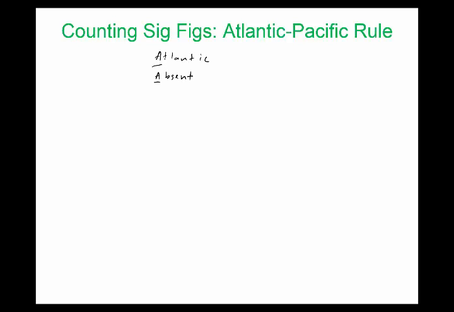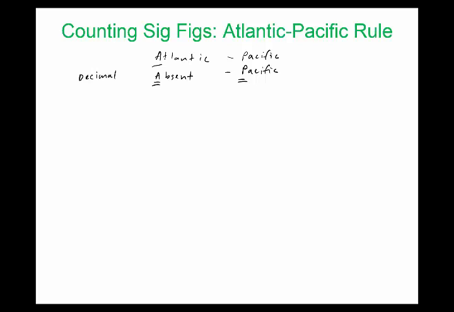So if the decimal point is absent, then you start counting digits, the first non-zero from the Atlantic side of the number. And if a decimal point is present, you start counting the first non-zero from the Pacific side of the number.